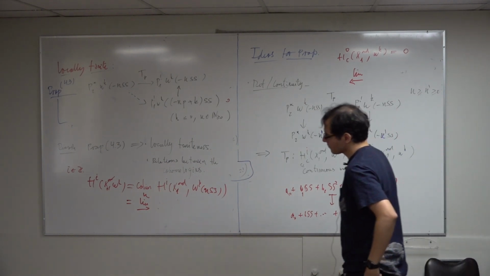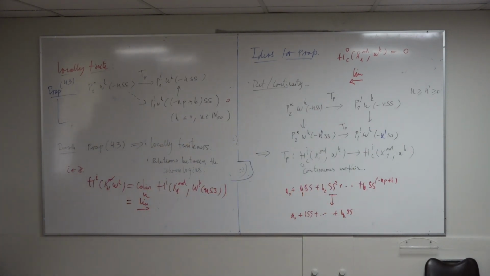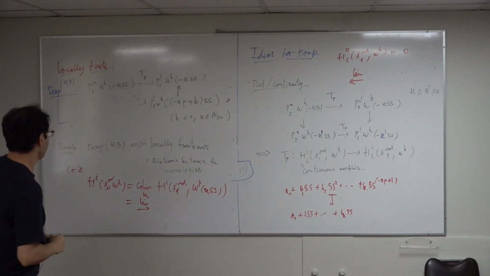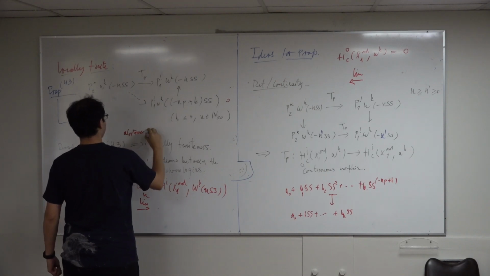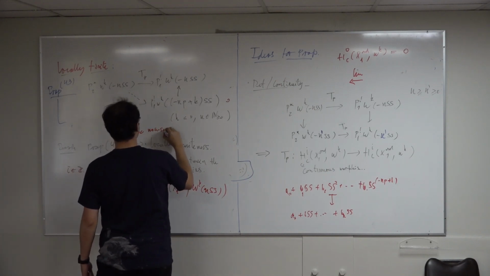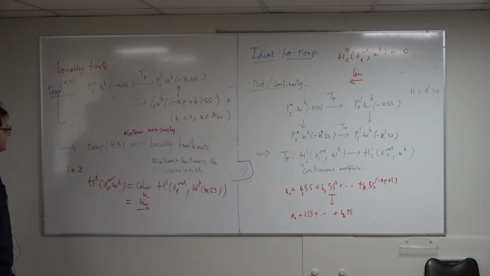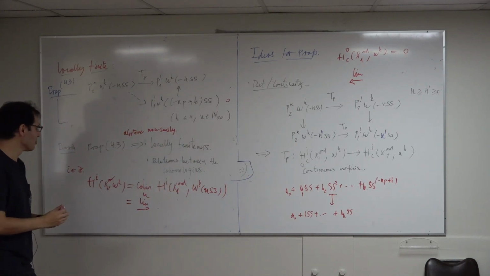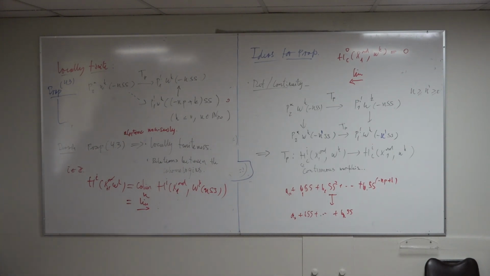Here, abstractly, we don't use properties of the course, we just have this.